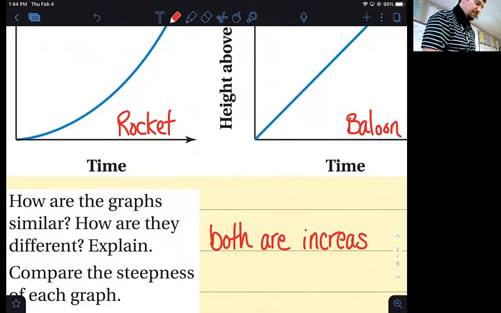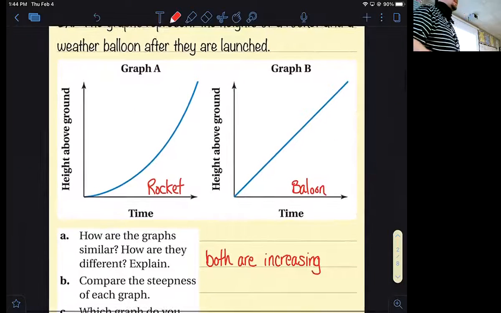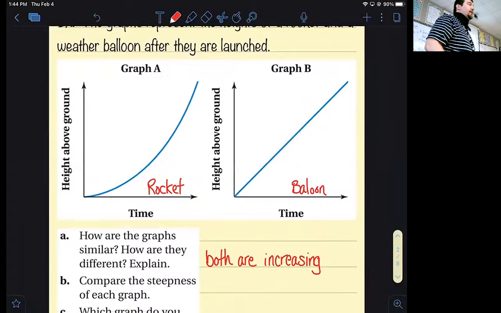Another way of saying that is both have positive slopes, correct? Yes, sir. Okay. But as Ashton just said, one of them's linear and one of them's nonlinear. So they both have positive slopes, but one of them's got a constant slope. This one would be a constant rate of change.